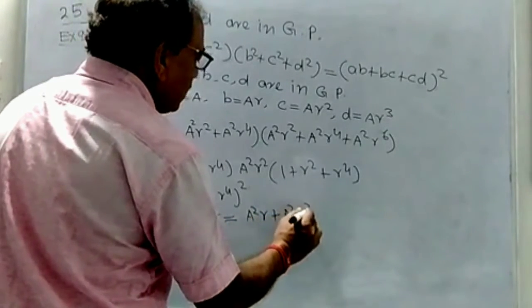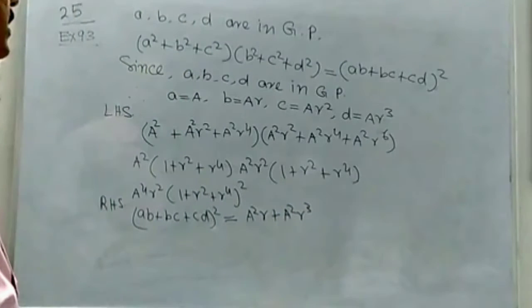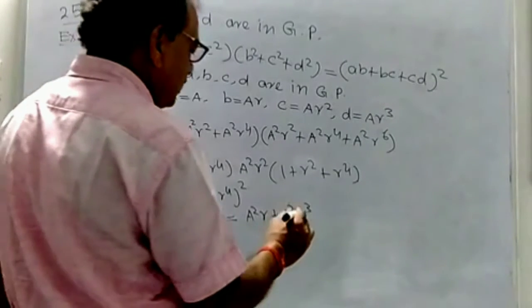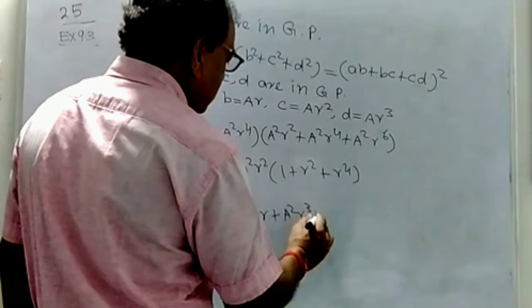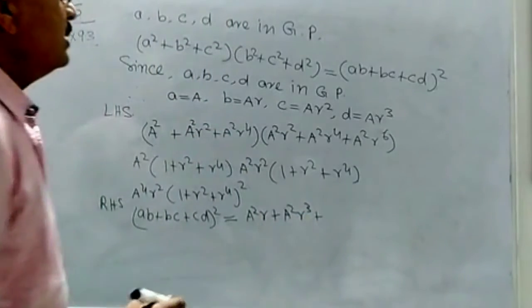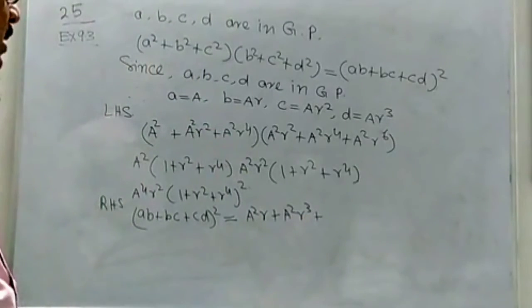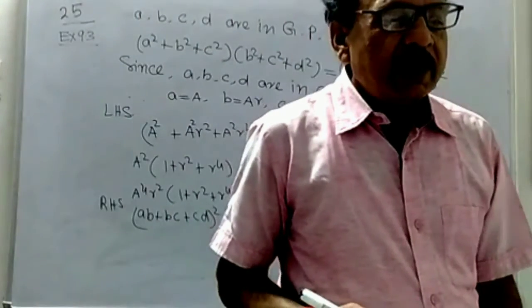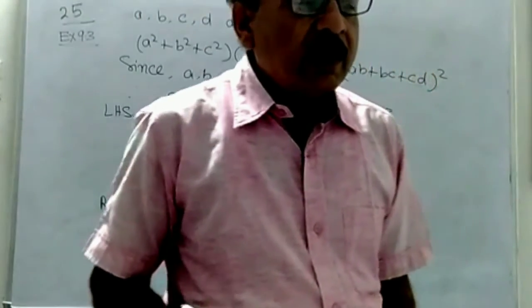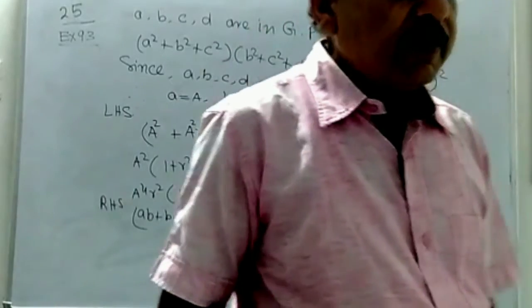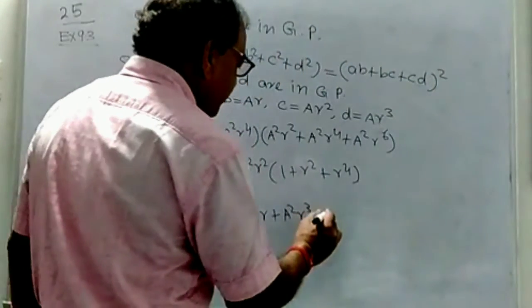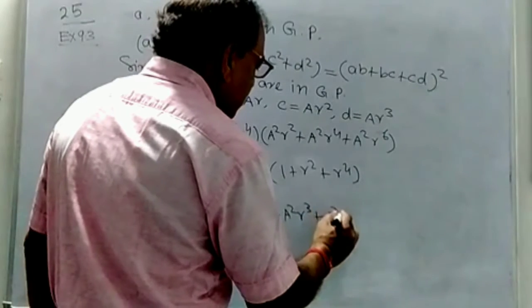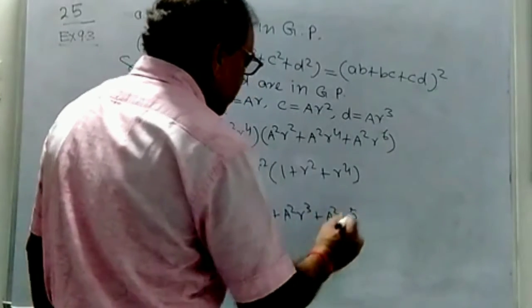This is the BC, and CD is a square r to the power 5.